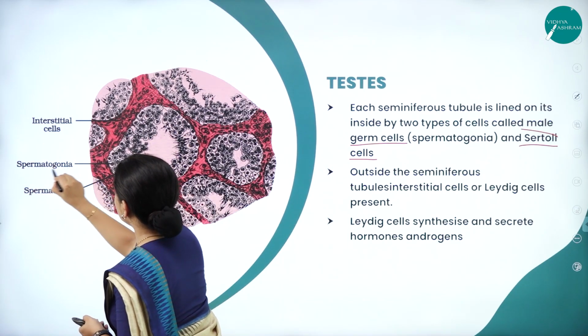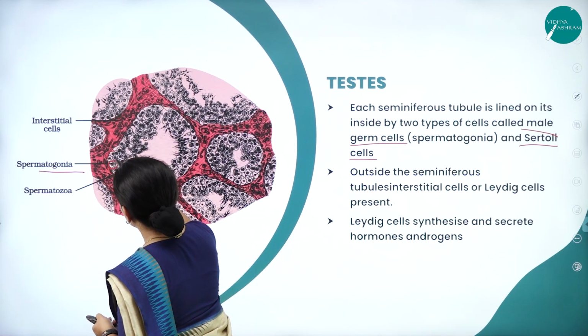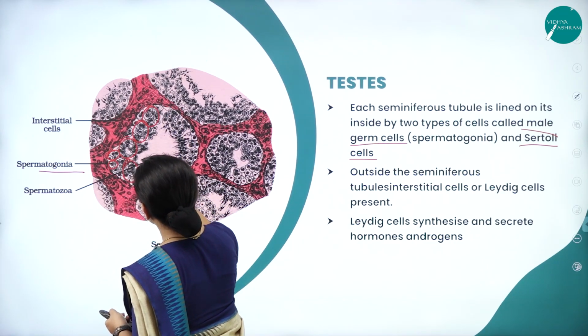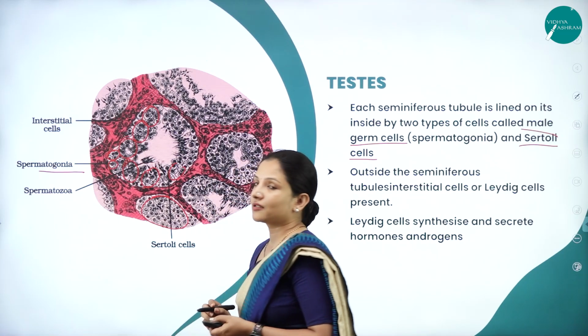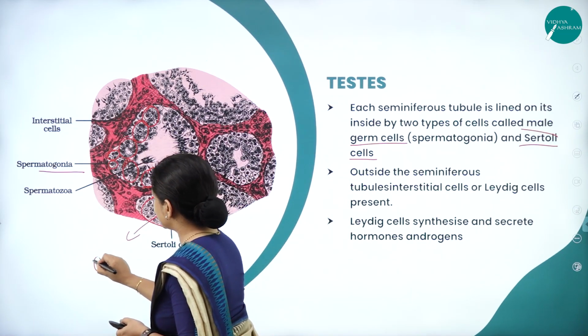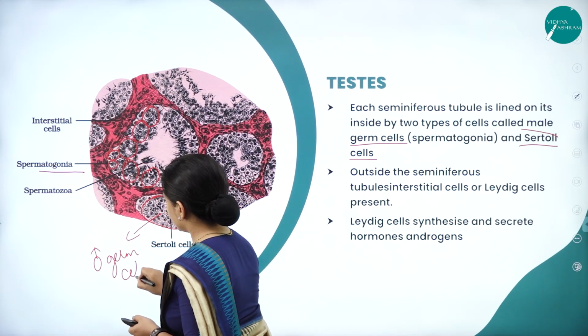Can you see these? Can you see these small round structures that are there? All these round structures are nothing but spermatogonia. They are also called the male germ cells. Don't get confused.